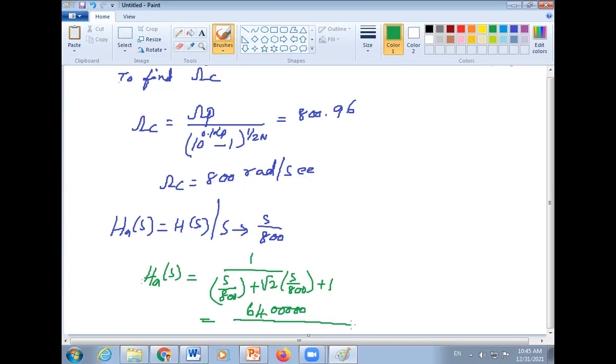64 lakh divided by s square plus 1131.37 s plus 64 lakh.